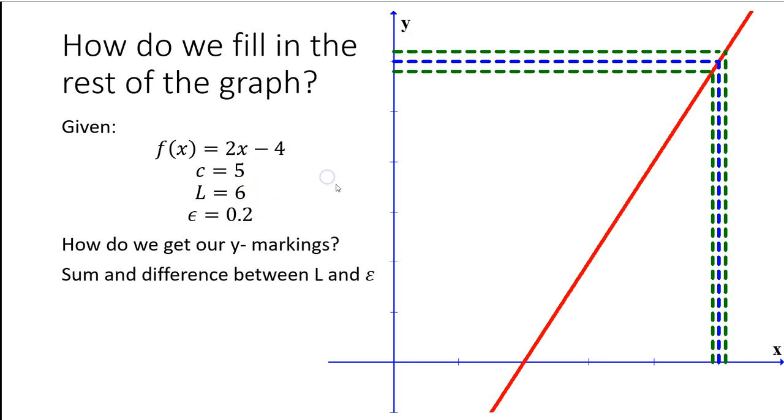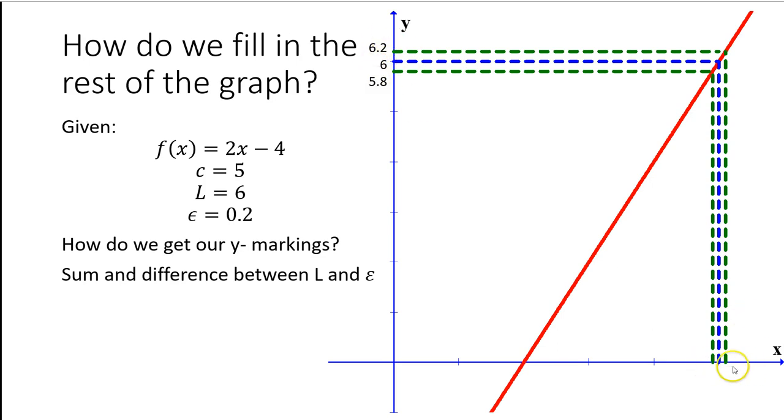We're basically going to take our L, which is 6, and we're going to add and subtract epsilon. So here we start at 6, we go up to 6.2 and down to 5.8. What we've done is we've created an epsilon neighborhood around L. We're finding a neighborhood around L, okay? So as I get close to this L value, that's my epsilon neighborhood.